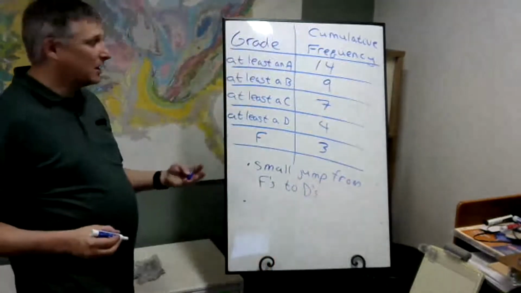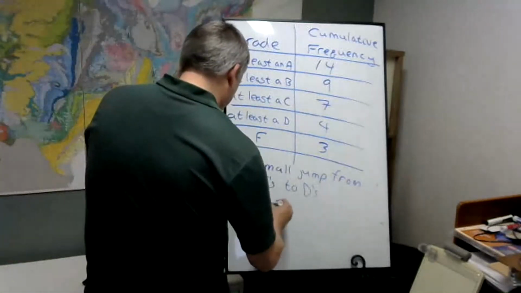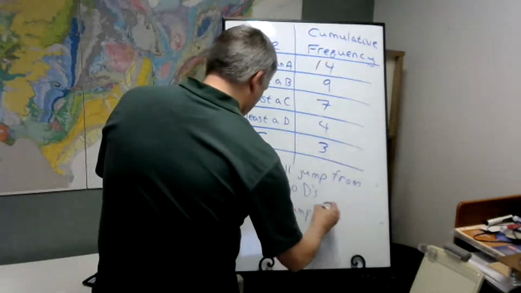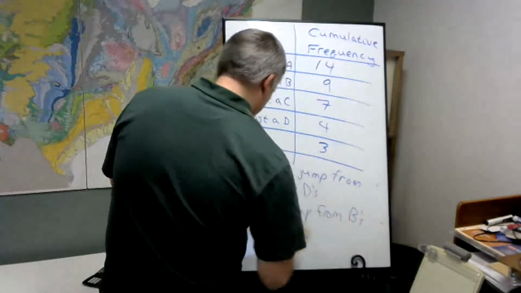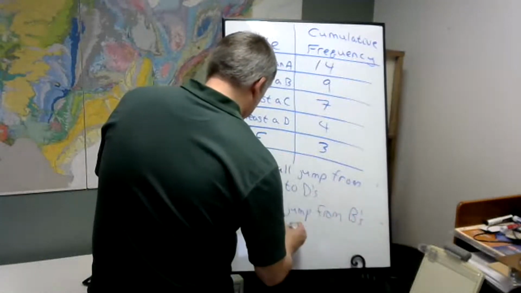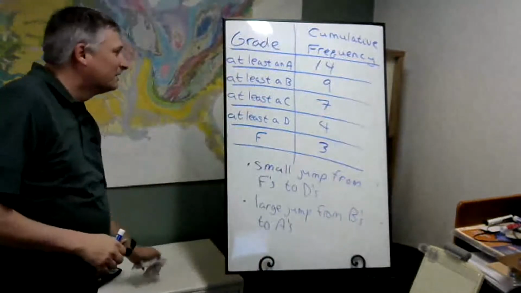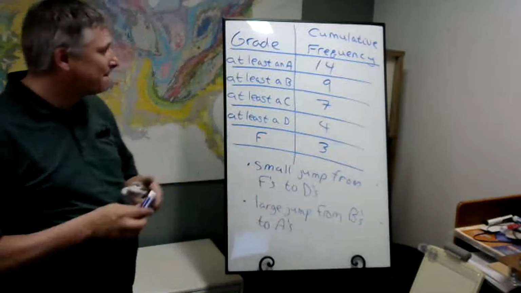And then a large jump from B's to A's. So this is what we can do with a cumulative frequency chart.